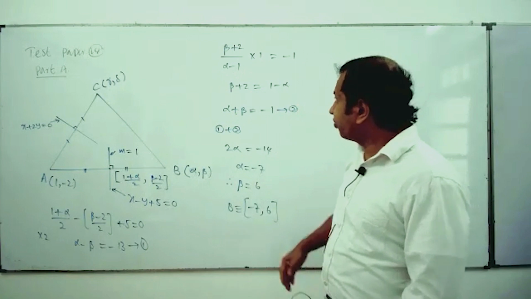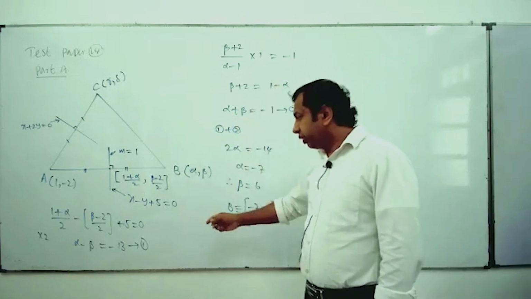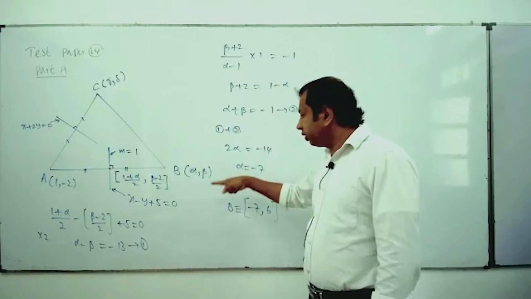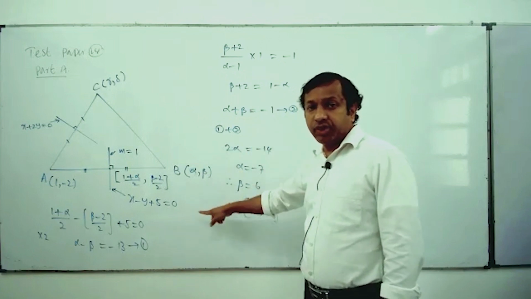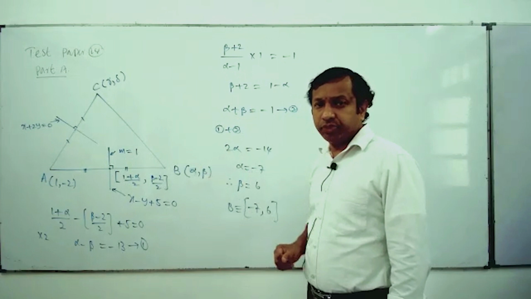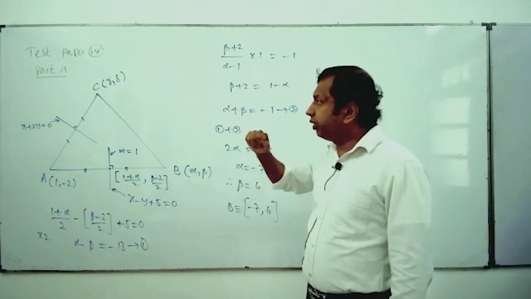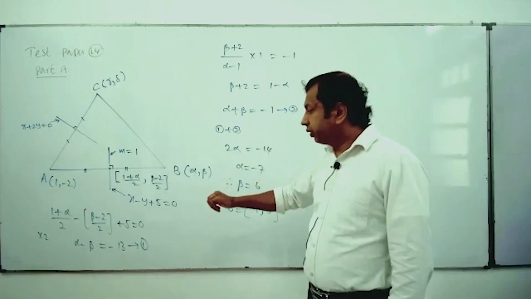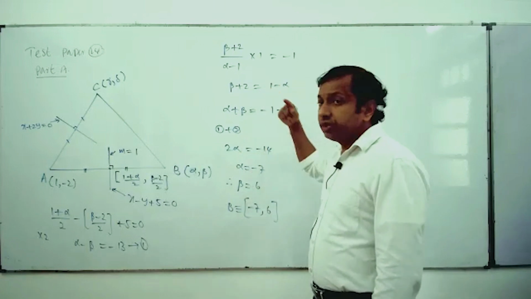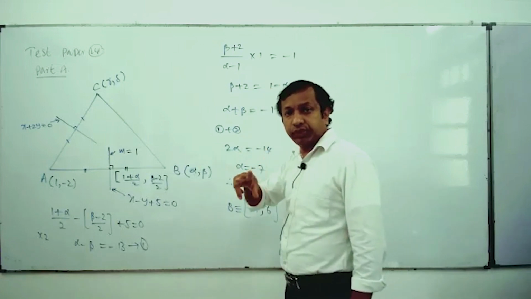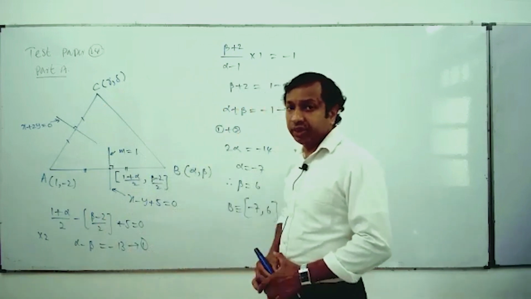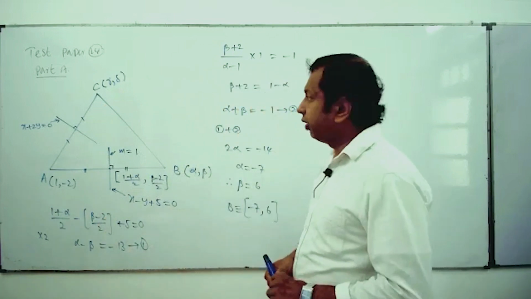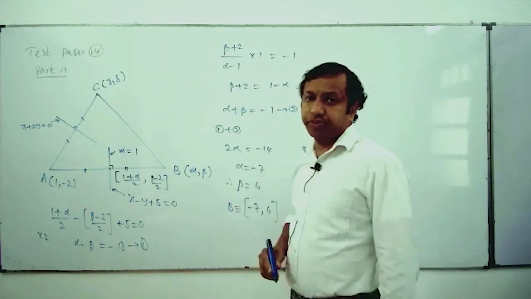Then using the same technique, take two equations this way involving gamma and delta, as we did here. Possible, no? Using this method, take another two equations involving gamma and delta, solve them, find gamma and delta. I think you can do that. Then the point C also you know.